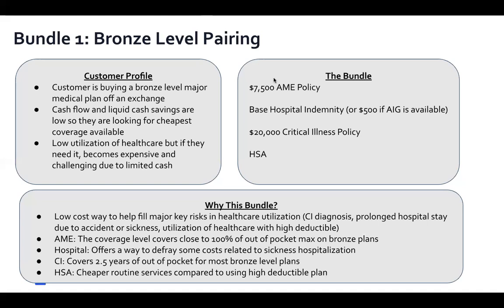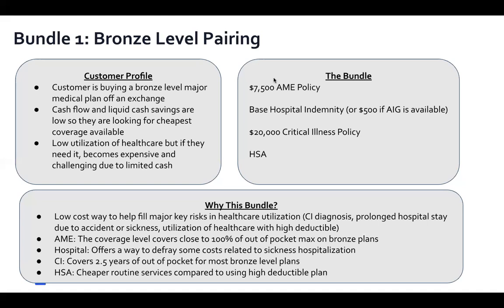The HSA is going to be useful, right? So why is this the right bundle? The HSA is a way for you to offer your clients a pre-tax savings vehicle so that when they do utilize healthcare, they're able to use tax advantaged funds to do it, but also give them access to cash pay so that they're not having to utilize their HDHP.